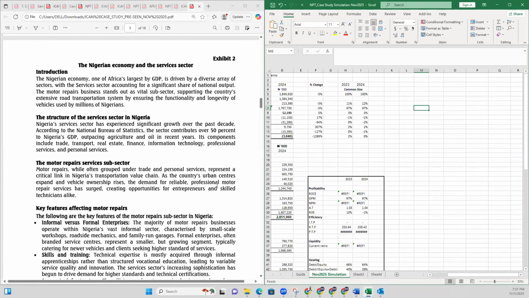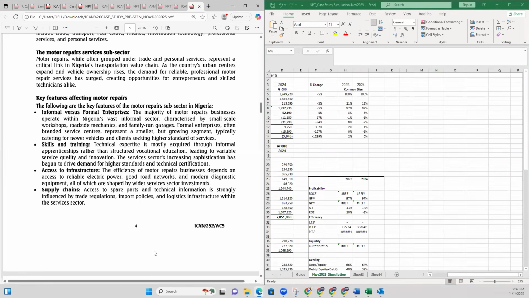Key features affecting motor repairs. The following are the key features of the motor repairs subsector in Nigeria. Informal versus formal enterprises. The majority of motor repairs businesses operate within Nigeria's vast informal sector, characterized by small-scale workshops, roadside mechanics, and family-run garages.